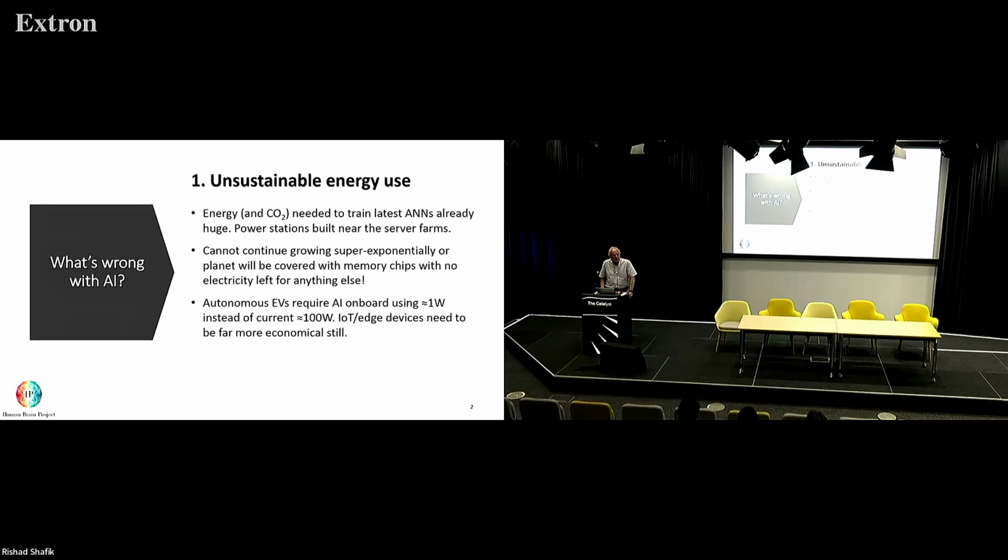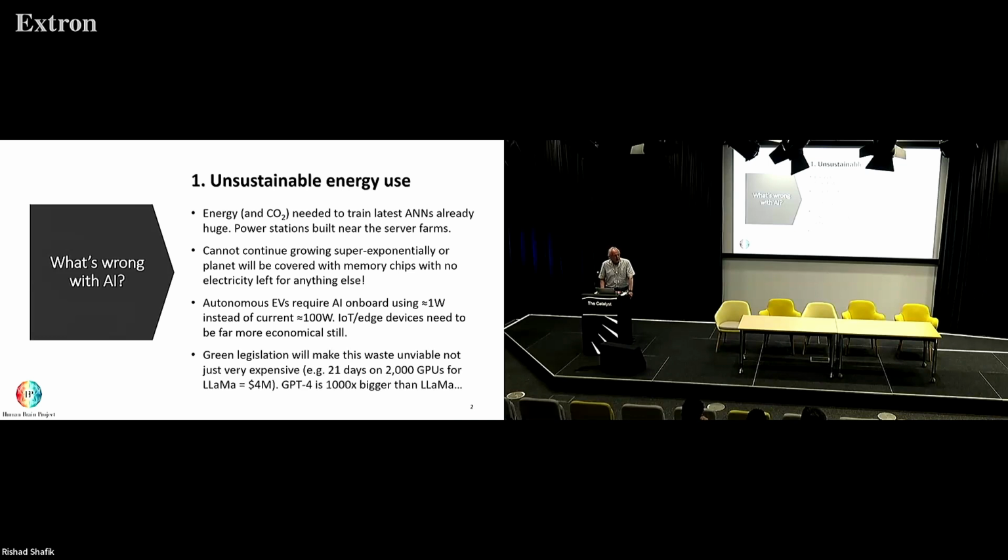And at the other end of the market, if you look at applications of AI, one obvious space is autonomous vehicles. And here, there's a requirement to get the energy consumption of the AI systems they require for navigation down from the current sort of 100-watt level to the 1-watt level to keep temperatures under control and power under reasonable management.